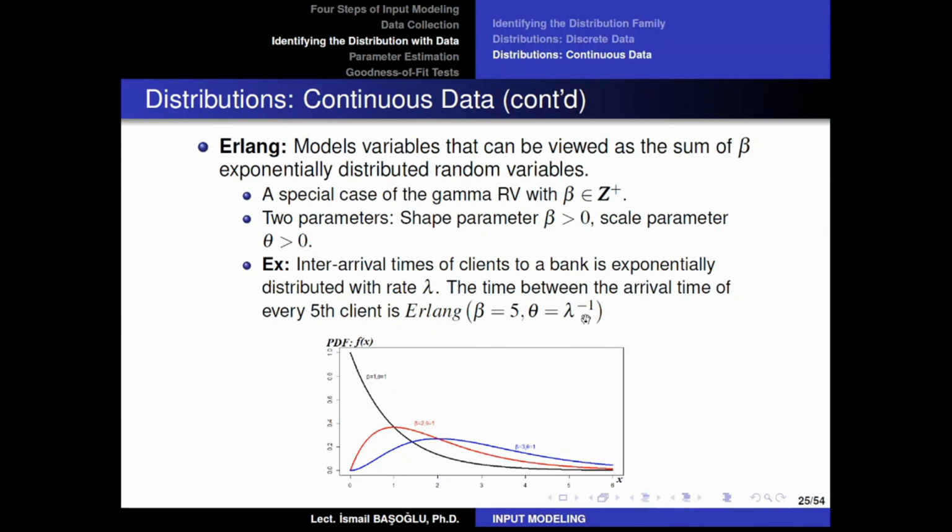Remember the exponential distribution, the average time between arrivals was 1 over lambda, the inverse of the rate parameter, and theta is the average time between the arrivals, and beta is how many clients we are counting. So Erlang is the time between the arrival of every beta client. Now you see the parameters must be positively defined and beta must be a positive integer. Again, it's a flexible distribution, however, with only integer valued shape parameters.